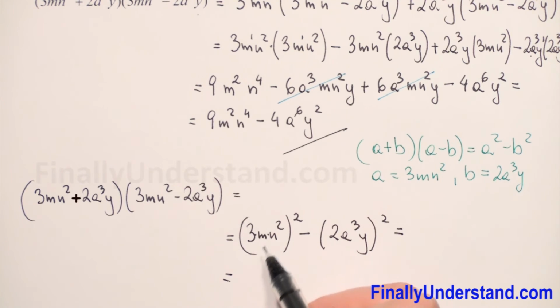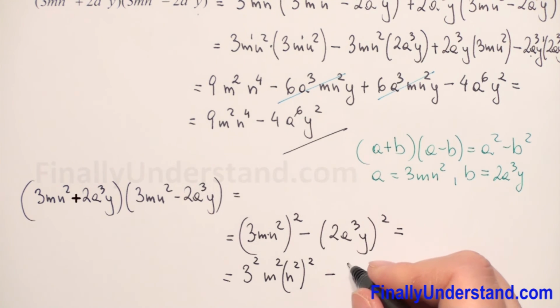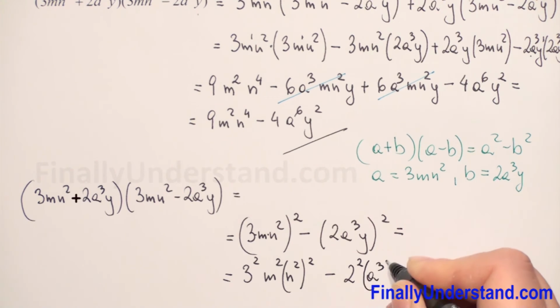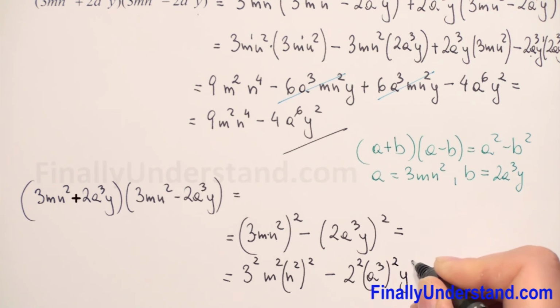We have multiplication here. So 3 to the second power, m to the second power, and n squared to the second power. The same will be with the second term. So we will have 2 to the second power, a cubed to the second power, and y to the second power.